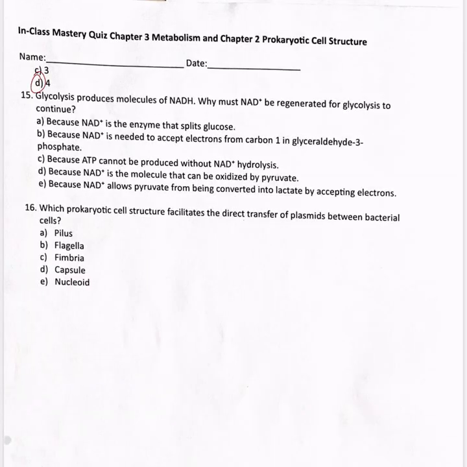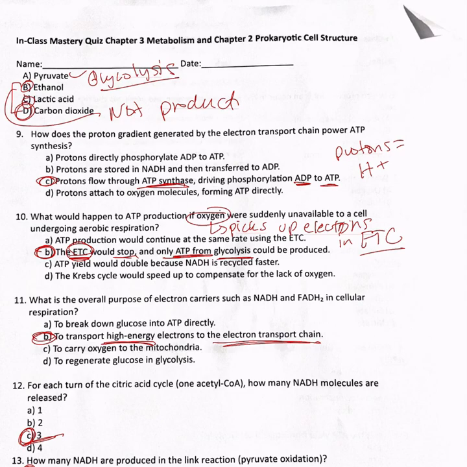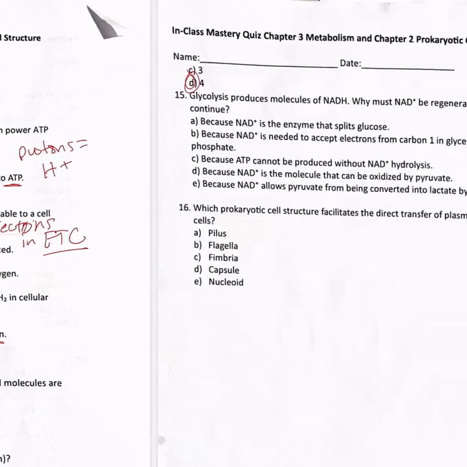In stage 1, we make ADP, because we use ATP to make ADP as we transfer a phosphate from the ATP. So we don't make any ATP in stage 1. We actually use 2 ATP. In stage 2, we make 4.